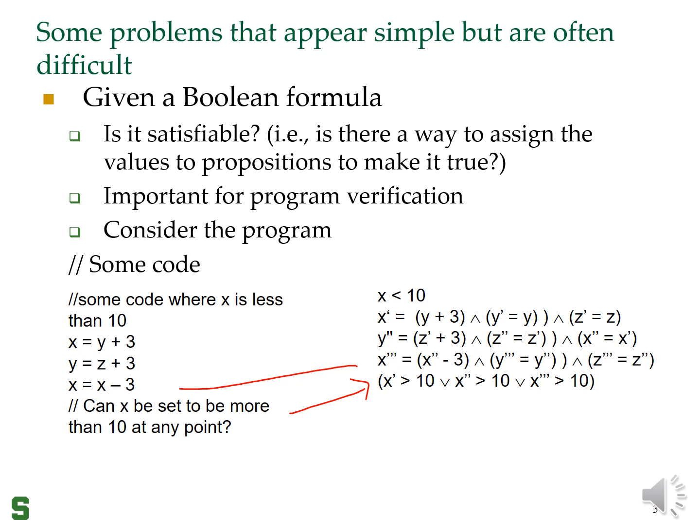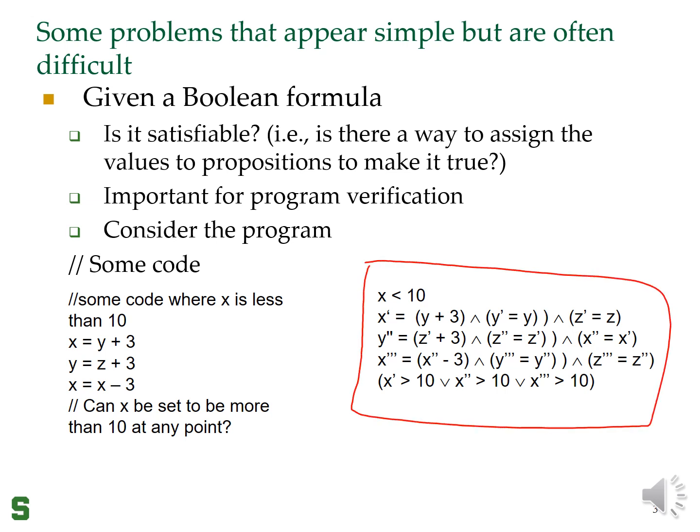Now let's see what this formula has. This formula is capturing the questions from this program. If the value of x could be set to more than 10 at any point, this formula would be satisfiable. That is, we could assign it values so that the formula evaluates to true.